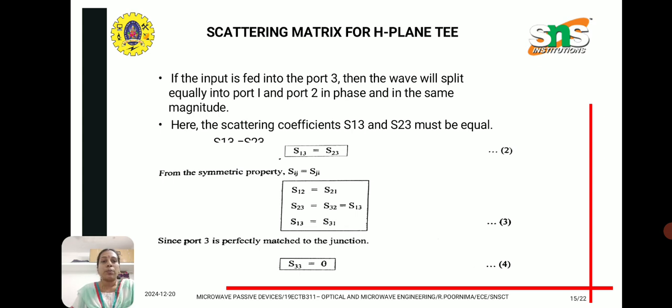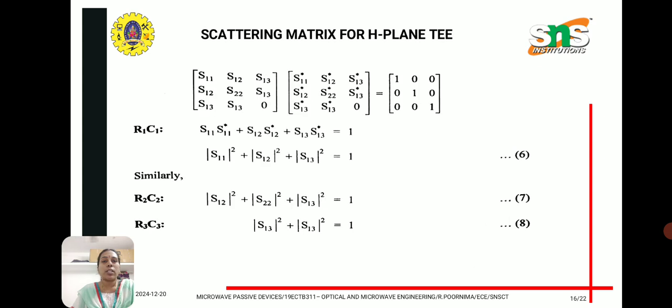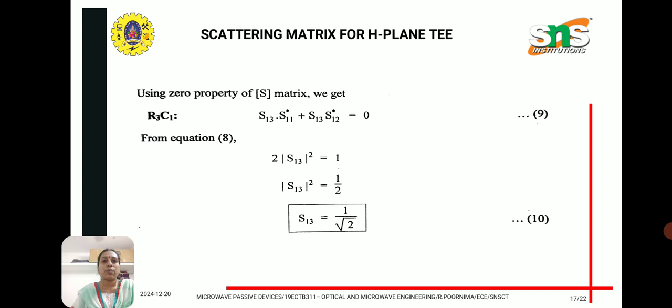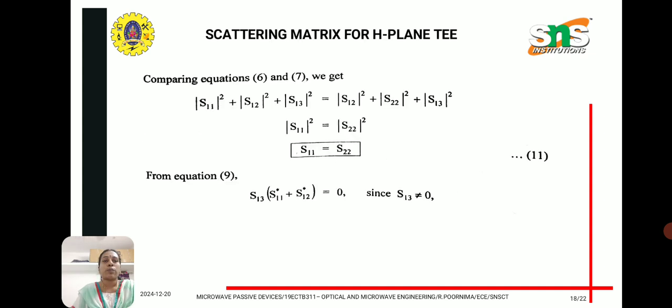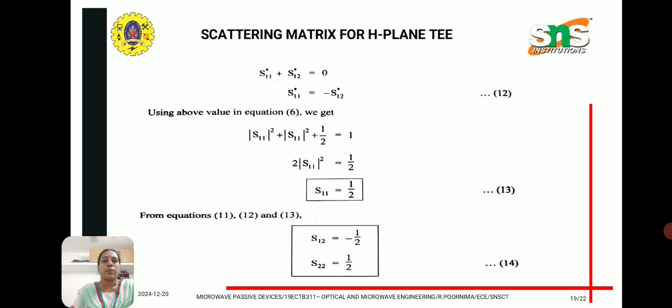By applying the properties of the S matrix, we can derive three sets of equations. By solving this, we get S13 equal to 1 by root 2, and also S11 equal to S22. We substitute these values to get S11 equal to 1 by 2, and S12 equal to minus 1 by 2, so S22 equal to 1 by 2.